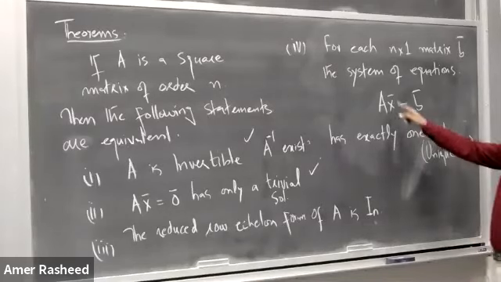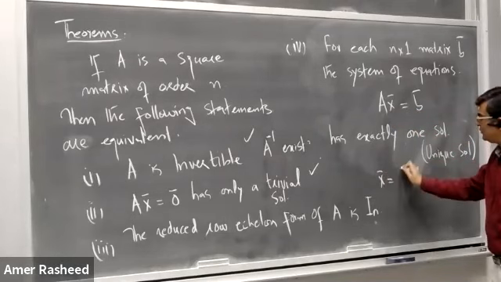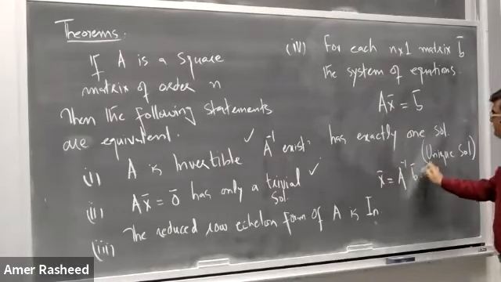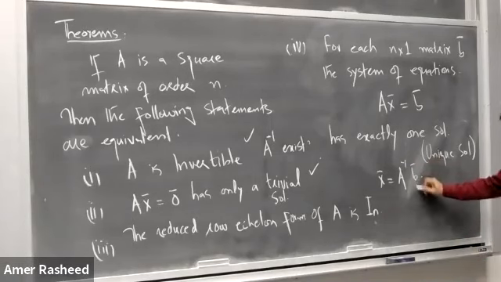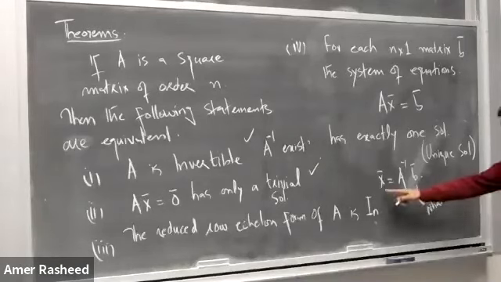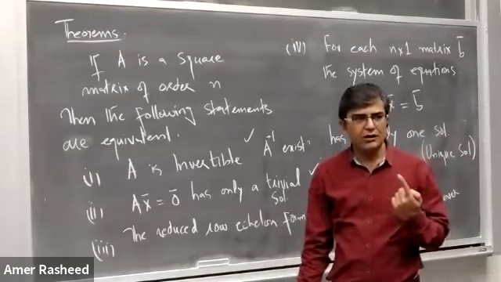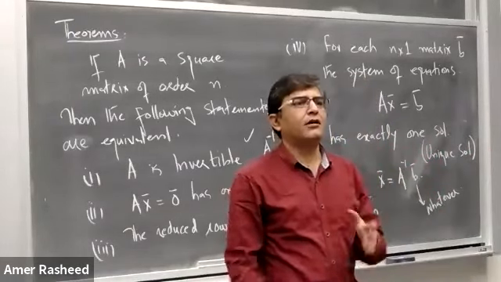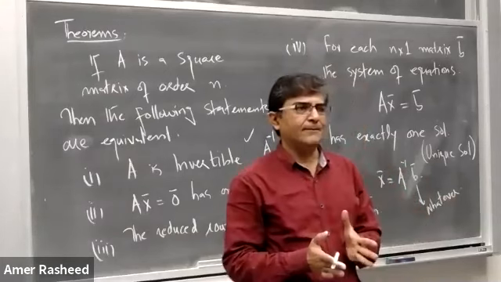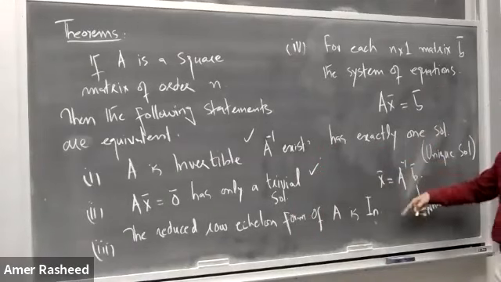Why is this so? Because whenever this matrix A is invertible, you can take that matrix on the other side and write A inverse times B. Now, whatever the value of B is, you will get A inverse times B, only one solution for any particular value of B. If you change this vector, then the solution will change.